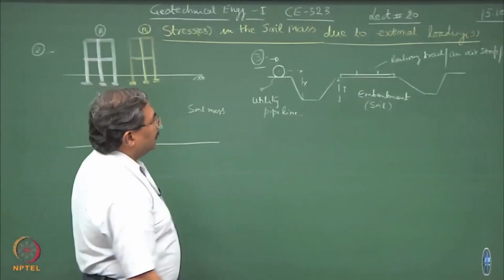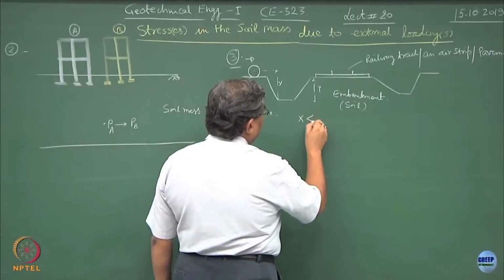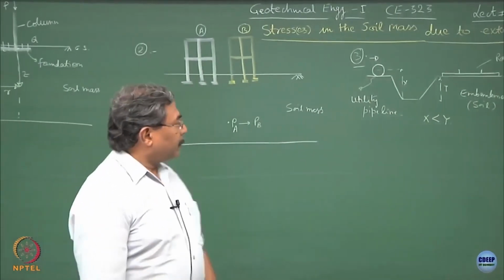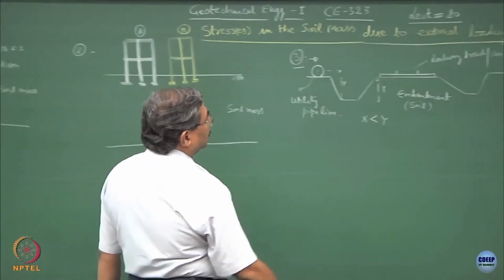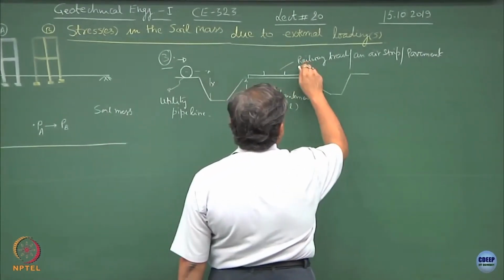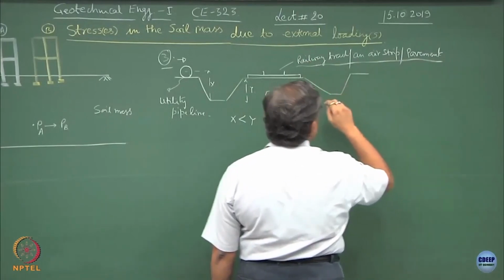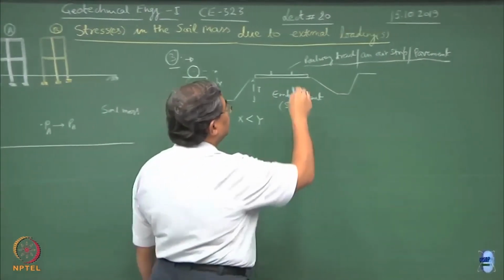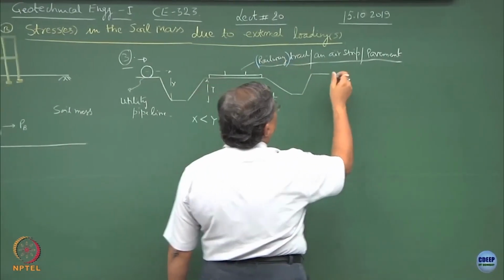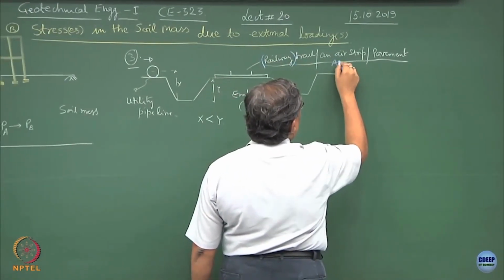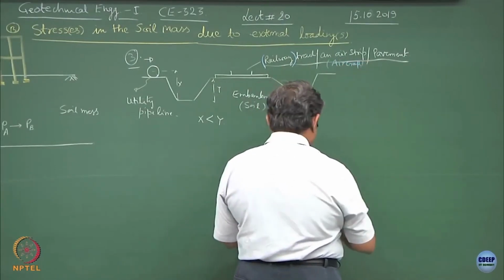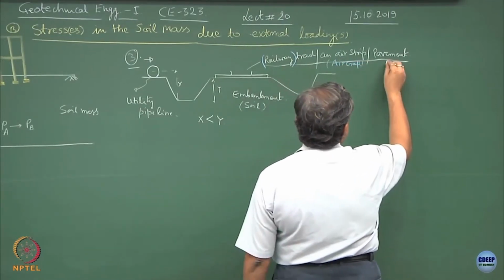Most of the time x is going to be less than y, and hence I will try to understand, because of the movement of the traffic, what I have done is I have simulated 3 type of traffics. One is the railways, another one is the aircraft, the third one is roadways.